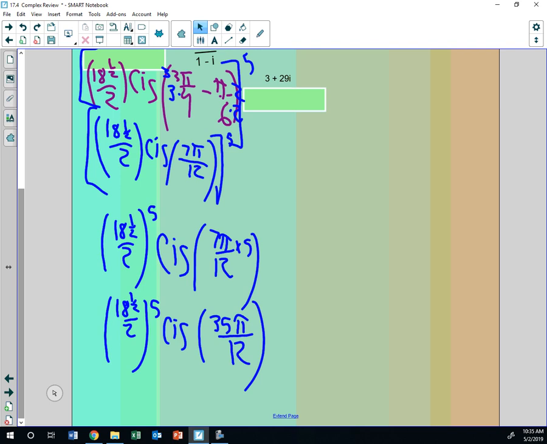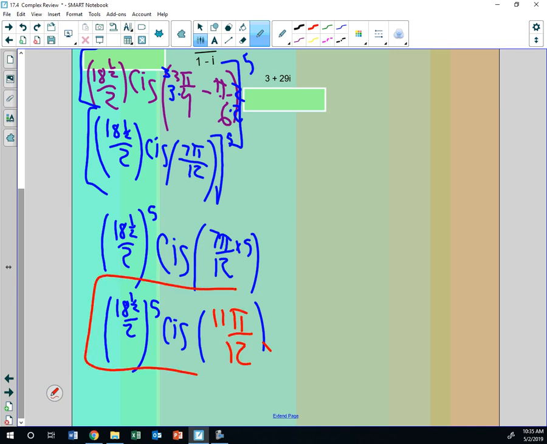You just need to subtract 2 pi. It's not wrong, but subtract 24 pi over 12. And you see how 35 minus 24 gives me 11? And we got it. Icky number at the beginning there. They just did this 18 to the 5 halves. 2 to the 5th is 32.